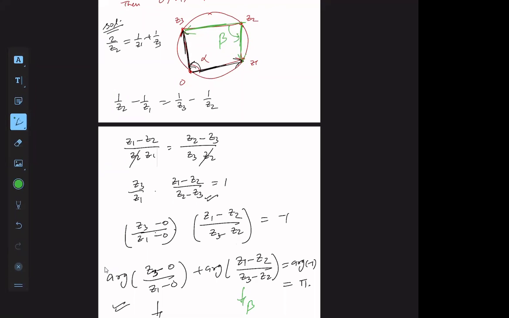First one is easy. If Z1, Z2, Z3 are in AP, then they are collinear, or they will lie in a line. Second one is a little bit difficult.